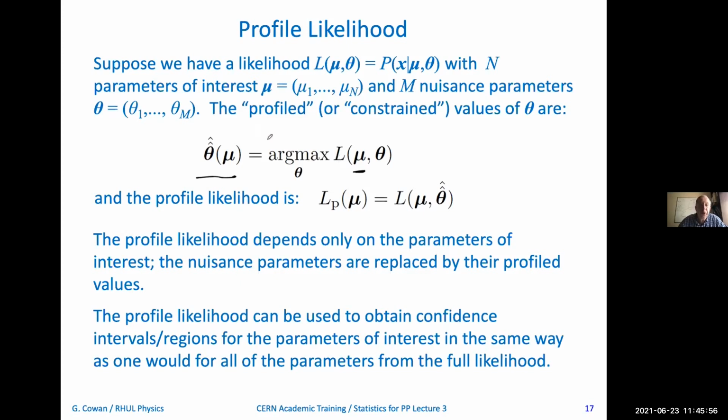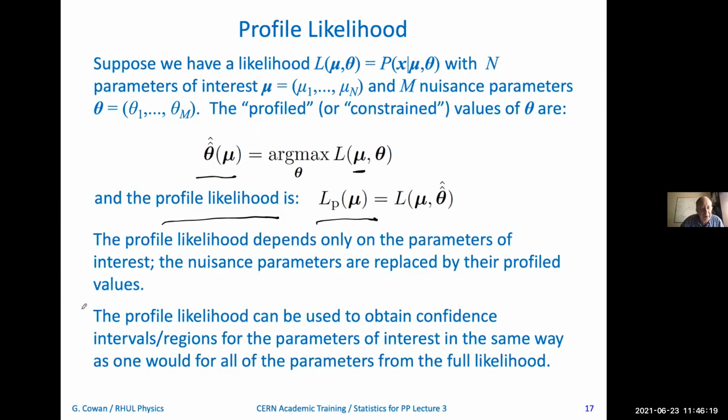And then if you take those profiled values of the parameters and evaluate the likelihood function with them, then that resulting function, as a function of the parameters of interest, is the profile likelihood. All right, so the profile likelihood only depends on the parameters of interest. The nuisance parameters are replaced by their constrained or profiled values.